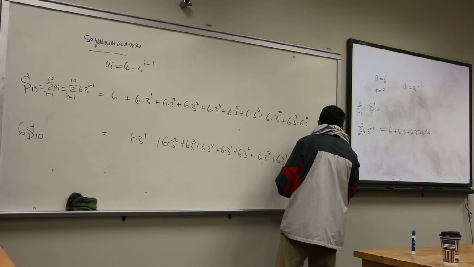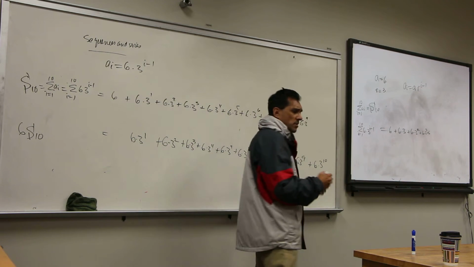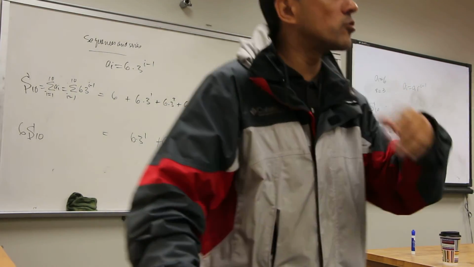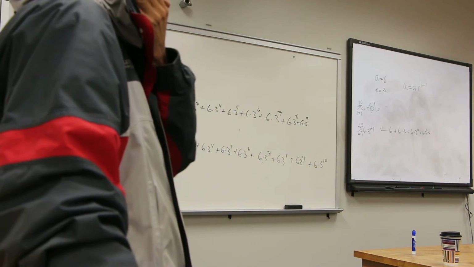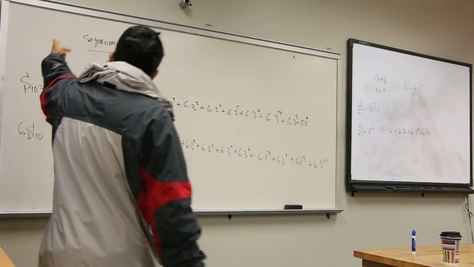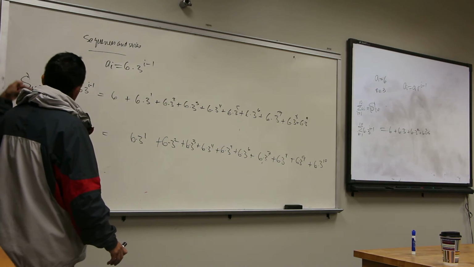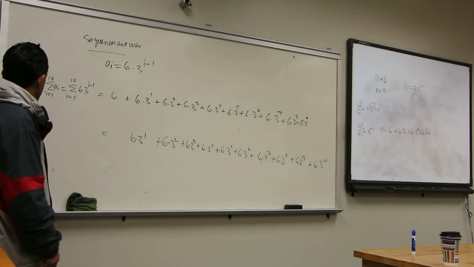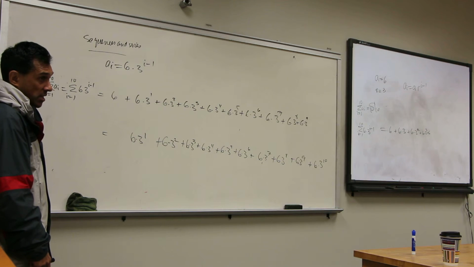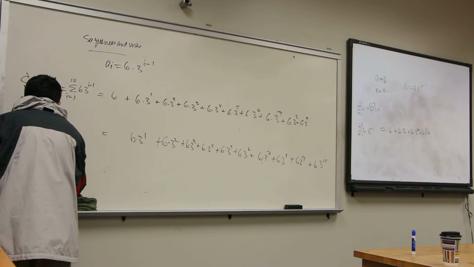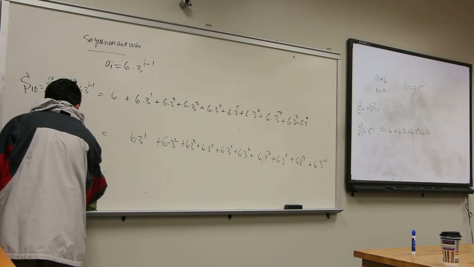Now why does this help us, Dr. J? What is the algebra we're going to do next? We'll take this one and subtract this one. So this will be S10 minus 6 S10. S10 minus 6 S10 is equal to what, Miss Howe?